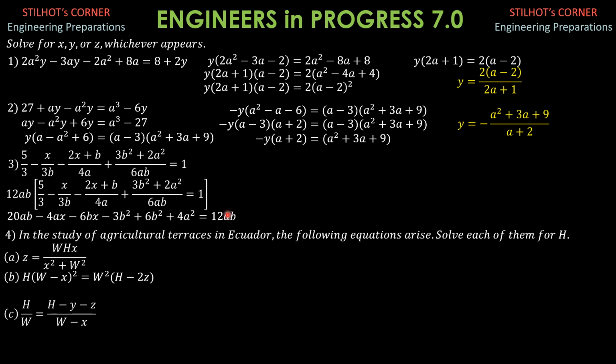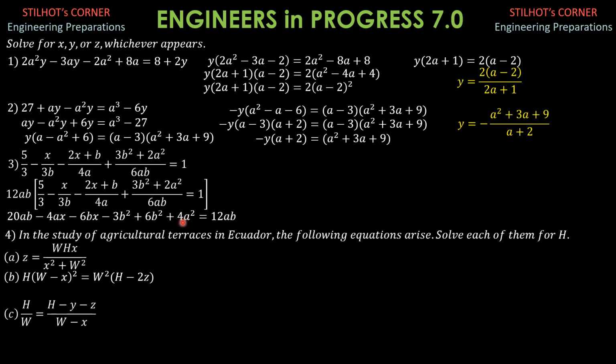Just distribute. So combining like terms, we write this as 4a square. Then 20ab minus 12ab is 8ab. Then 6b square minus 3b square is 3b square. Then transpose negative 4ax and negative 6bx to the right.